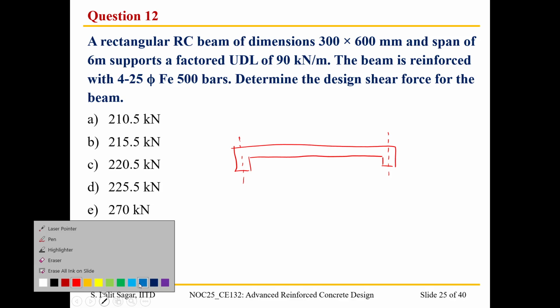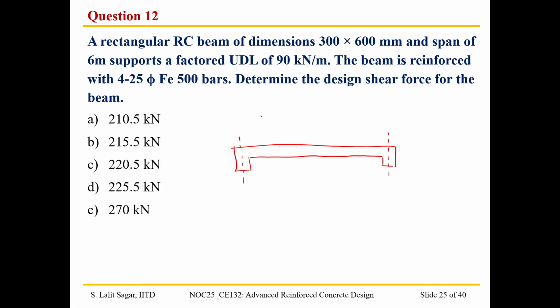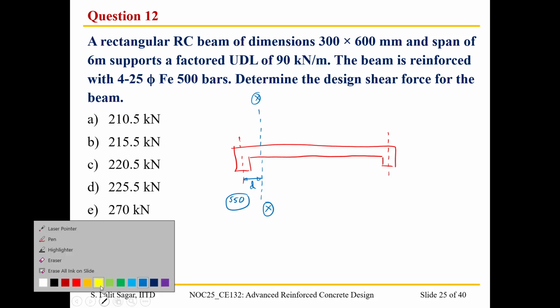So the answer requires a slight modification. This will be the critical section at a distance of d. So d here is 550 mm. Please calculate using that.